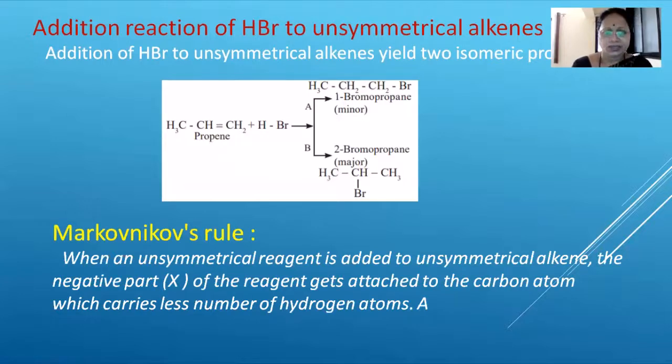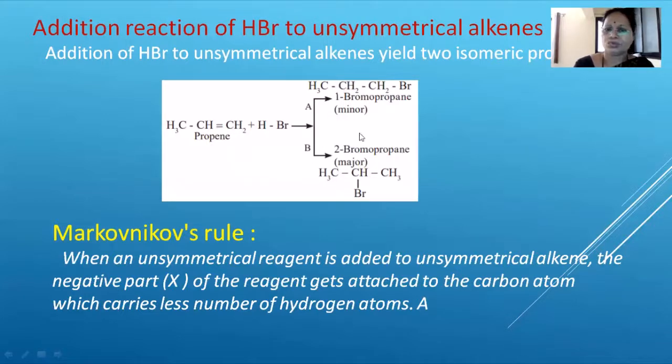So we are going to study here Markovnikov's rule. Statement of Markovnikov's rule is when an unsymmetrical reagent like HBr in our reaction is added to unsymmetrical alkene, for example propene in our reaction, the negative part, that is Br or X of the reagent, gets attached to the carbon atom which carries less number of hydrogen atoms, and hence according to Markovnikov's rule here, 2 bromopropane is the major product because negative part will add to that carbon carrying less number of hydrogen atoms, that is CH.